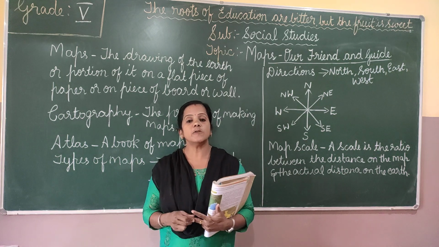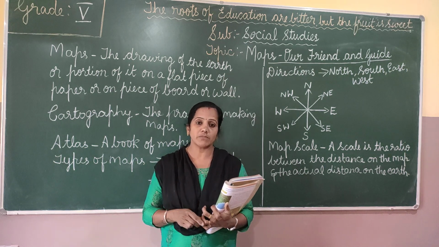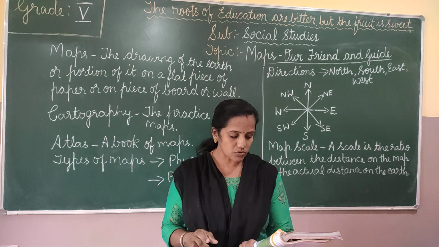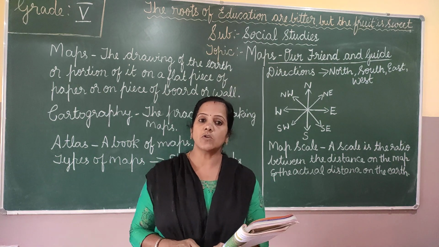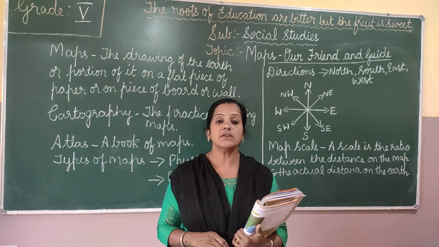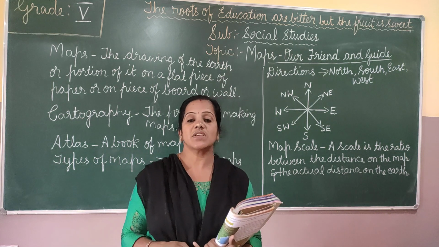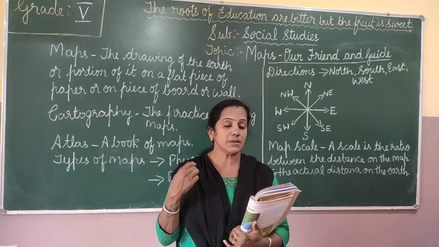And the globes cannot show all the information. We cannot find all the details on the globe, whereas on the map we can find even the minutest place.